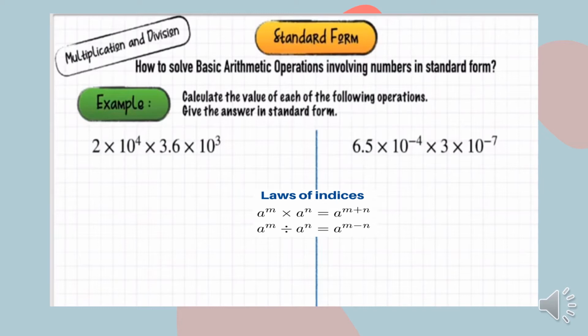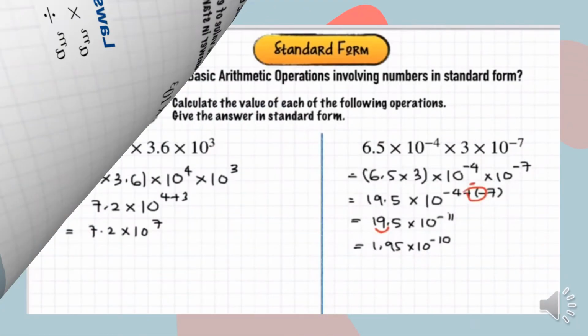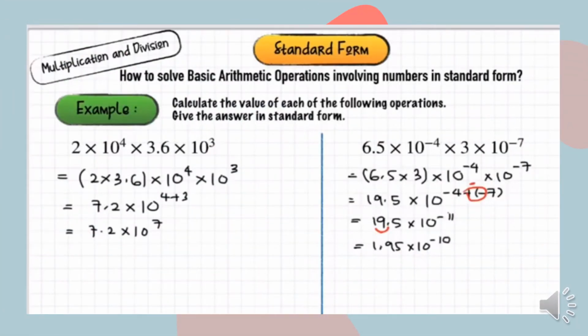We'll see the solutions for the first. I hope you could see my pointer. As you could see here, this is 10 to the power of 4, 10 to the power of 3.